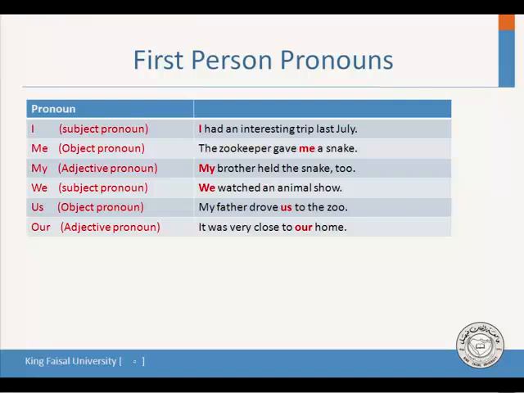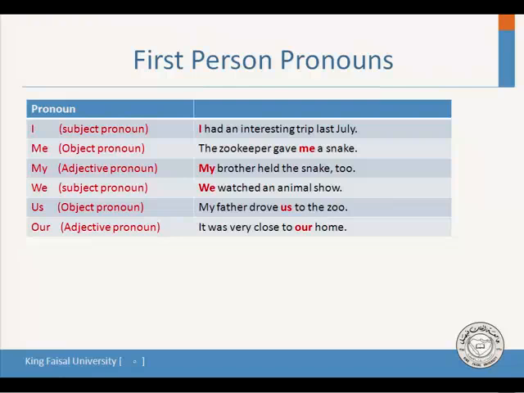My, we call this an adjective pronoun. My brother, my car, my sister, my family. My brother held the snake too. Okay, so I, me, and my are first person singular.